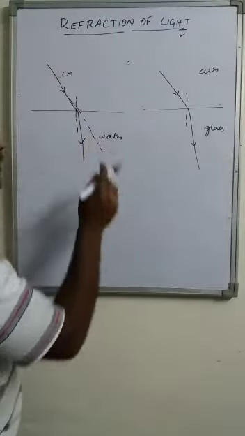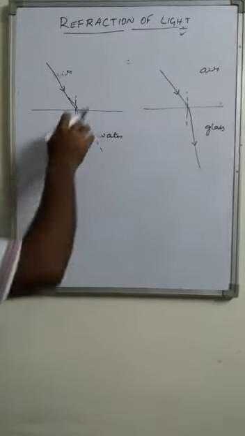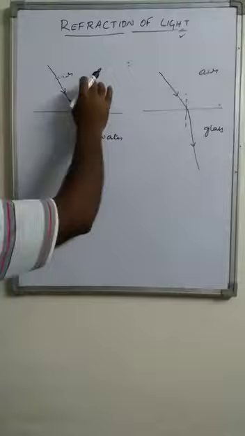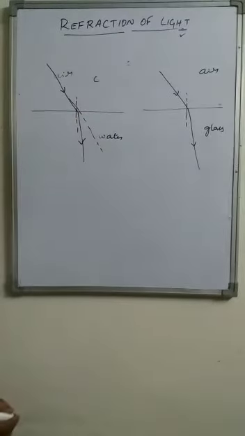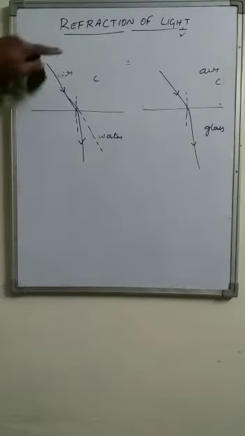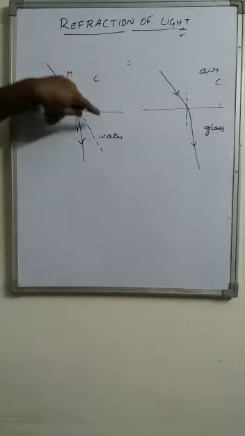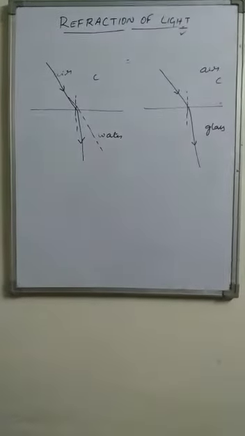In this, the light travels with some speed. In vacuum, in air, it is represented by c. Now from this air, it enters into water. From air, it enters into glass.